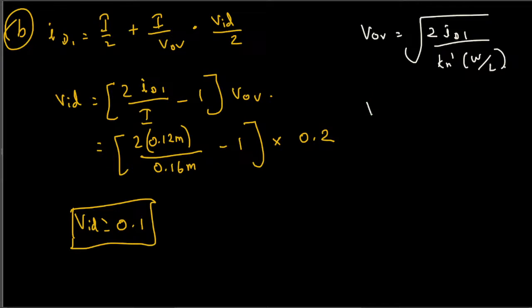So we can also write VGS minus VT is equal to the square root of 2 ID1 divided by Kn prime W over L.